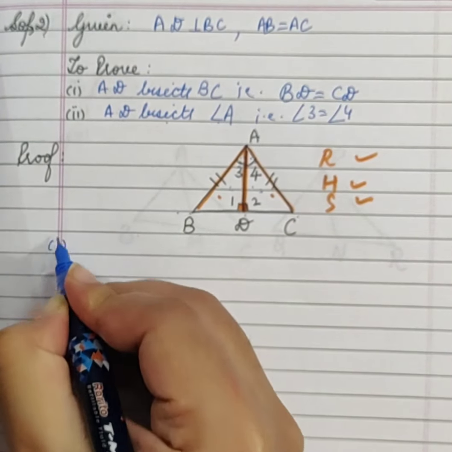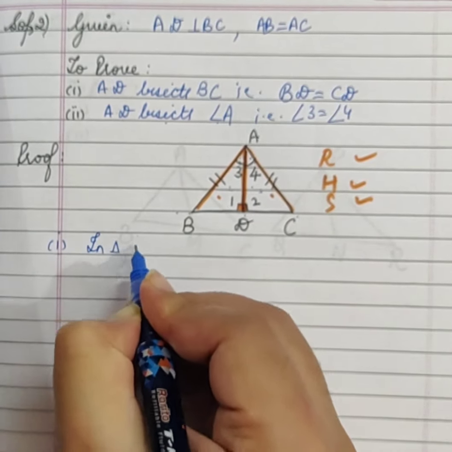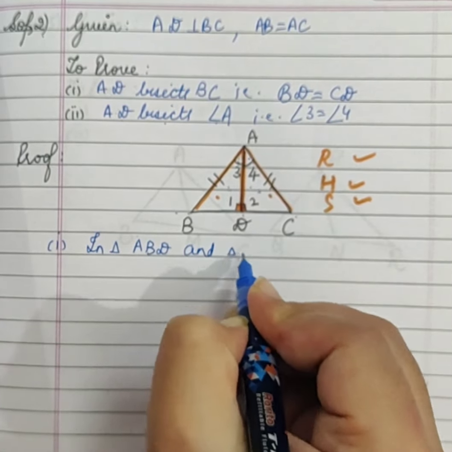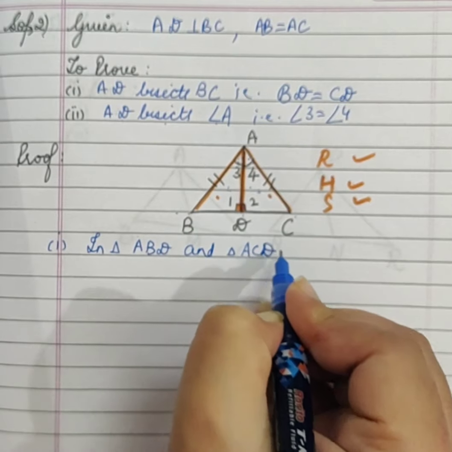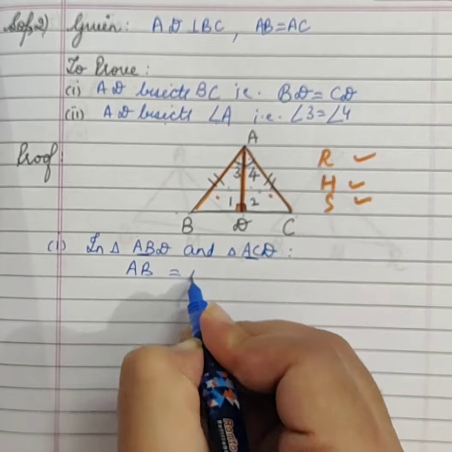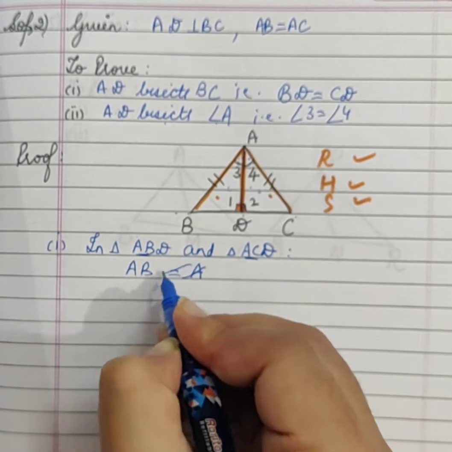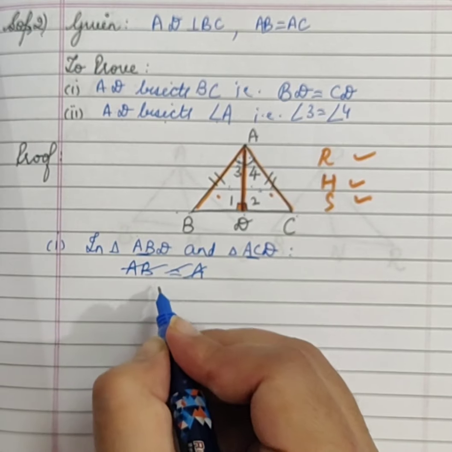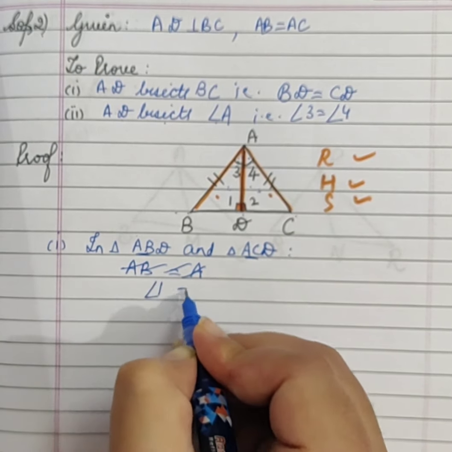So the first part, in triangle ABD and triangle ACD, AB is equal to AC. Of course we know we are supposed to use RHS. So first of all write R condition, that is right angle.